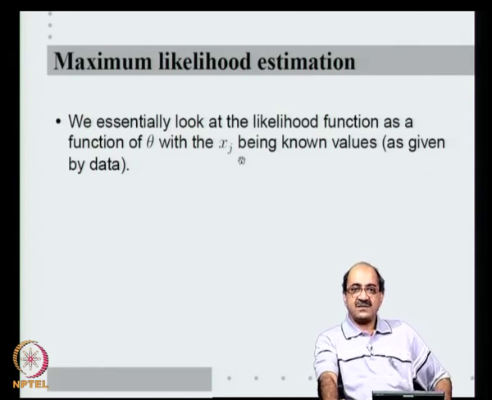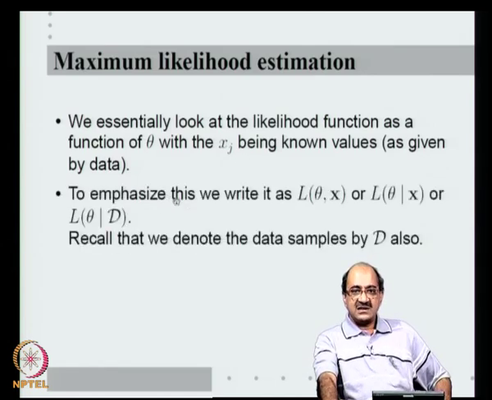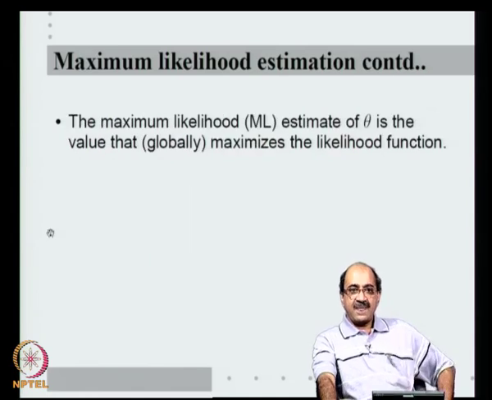The sample is data. To emphasize this, we write it as L of theta given x, or L of theta given D, because D is the notation for samples. Likelihood function is viewed as a function of theta.